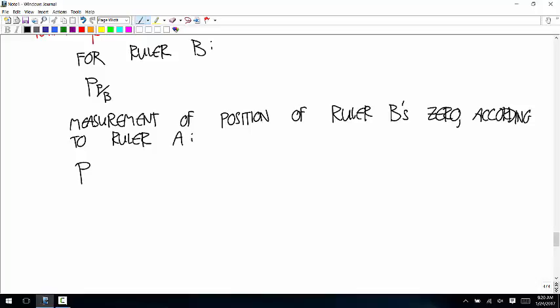It's a measure of the position of B according to A, so it's the position of B relative to A.